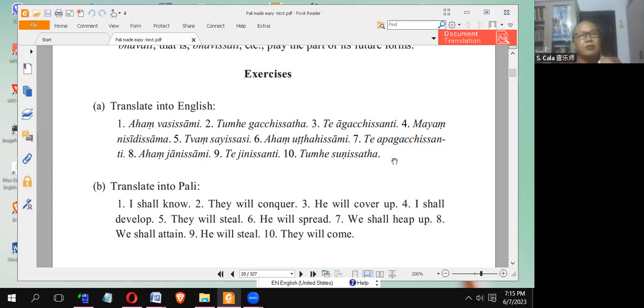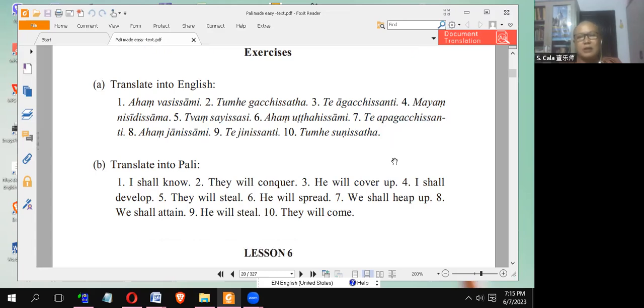The difference between Pali and Sanskrit is that Pali is something we call a dialect. That's why if you look at Pali form and Sanskrit form, it's very different. Sanskrit has triple consonants, Pali only double consonants.